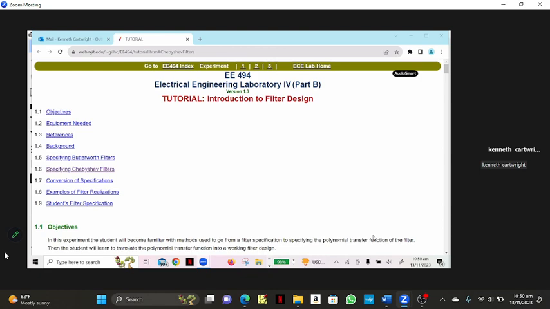Okay. How do we specify Butterworth filters? Remember how we specified the filter? What made a Butterworth filter a Butterworth filter? What made a filter a 1 dB Chebyshev filter? What made it that?